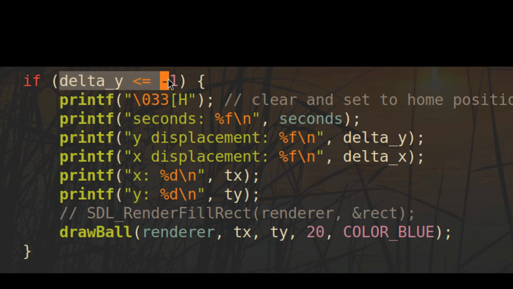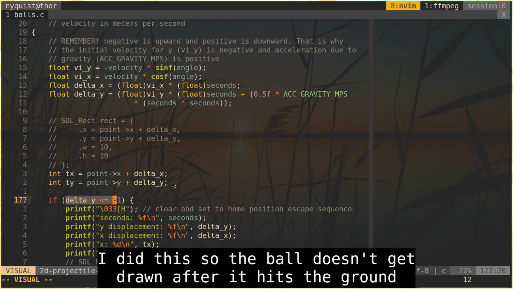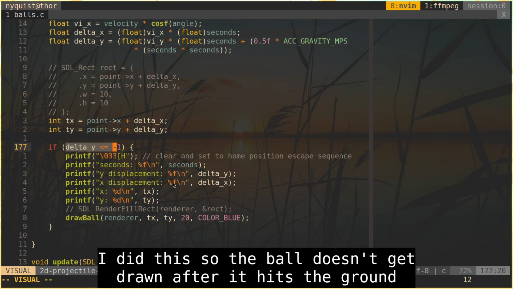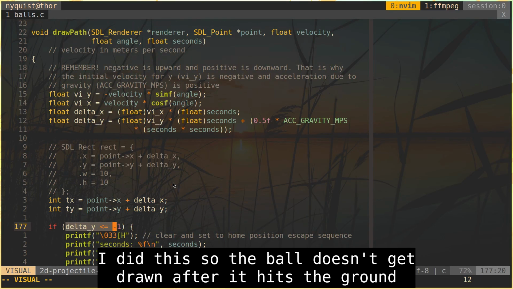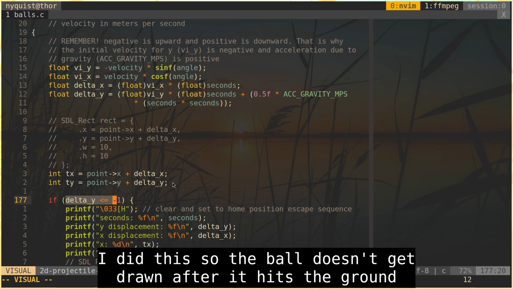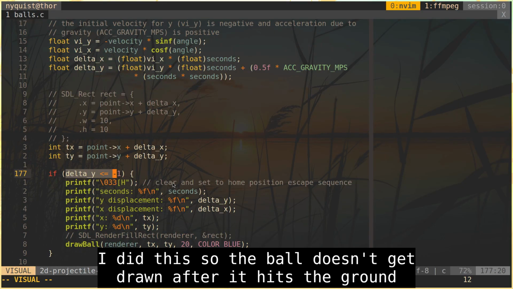And I put delta y is less than or equal to, if it's less than or equal to -1, I actually don't know why I did that, but I did it. I'd have to relook at the code to remember why I did that.